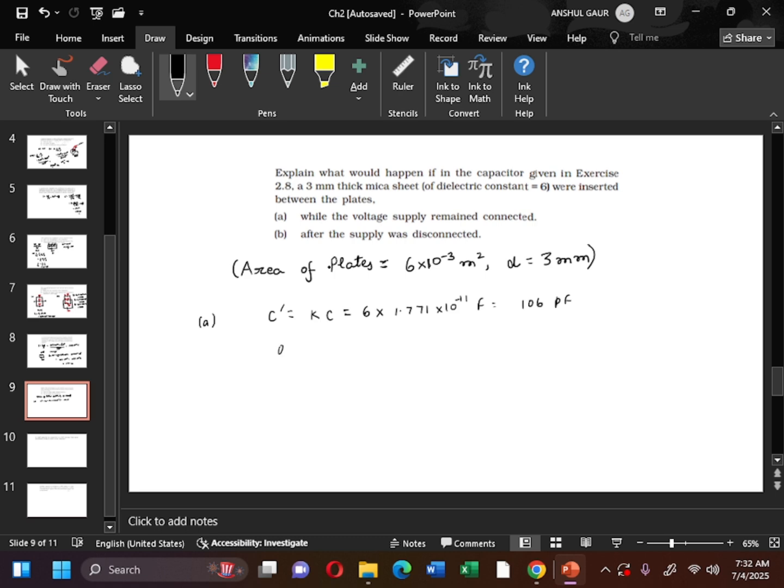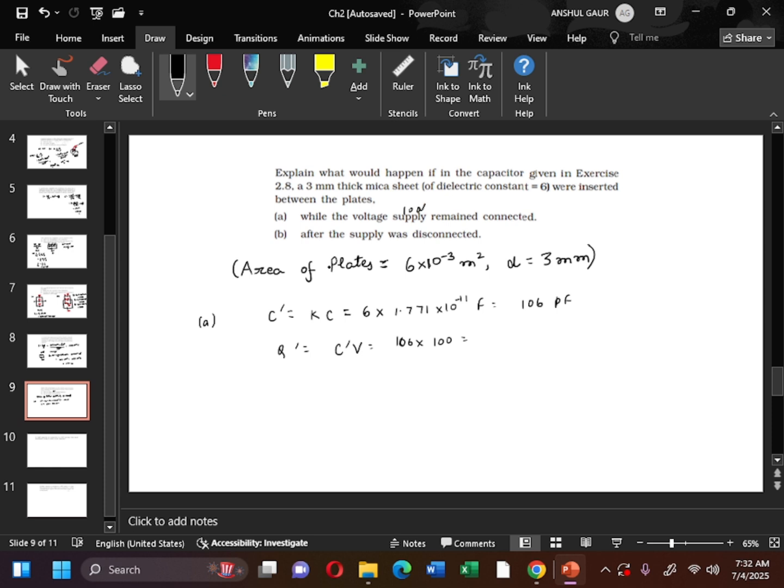Now the new charge, suppose it is Q dash, is equal to the new capacitance multiplied by the voltage, which is 106 multiplied by 100, because the voltage given in the previous problem was 100 volts.